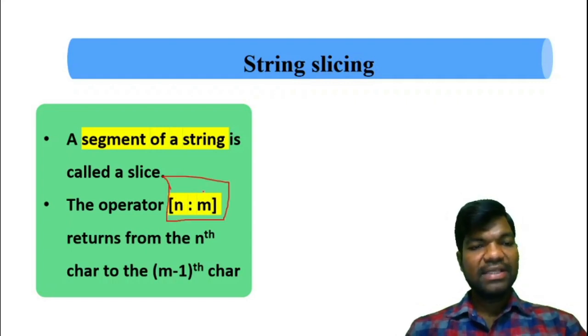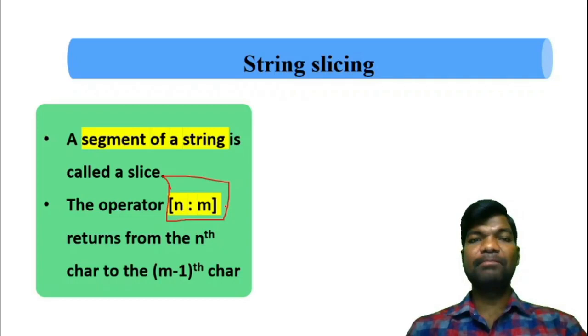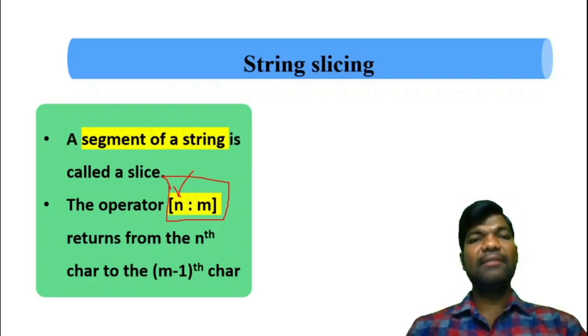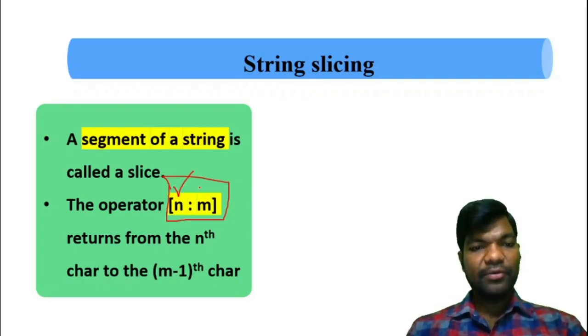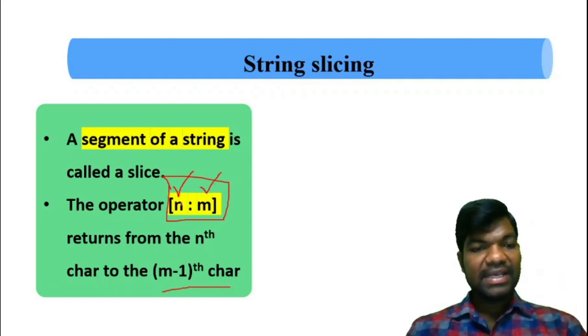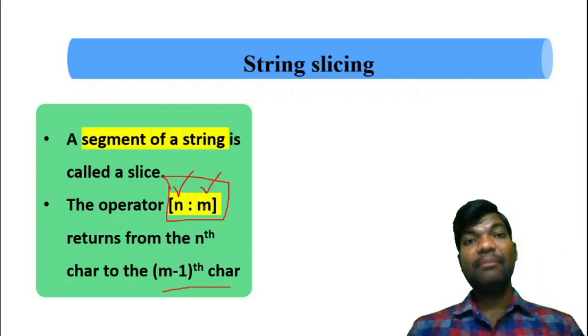By using this operator in square brackets, n colon m, which indicates the slicing starts at n and ends at m minus 1 character, not m. So that means n is included, m is excluded, right?